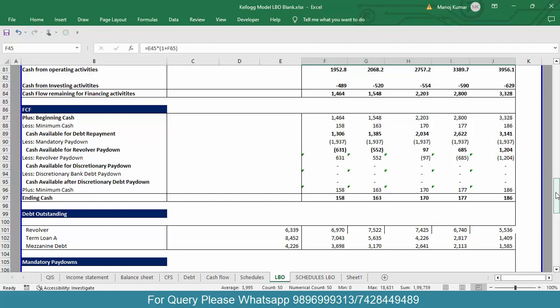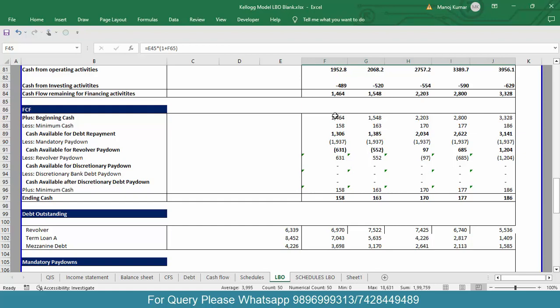Today the equity is 30%, 70% is debt. After 4-5 years, debt will become, let's say, 30%, and equity will become 70%, because whatever cash the company will generate, we will use that cash to pay our debt. That is the concept. So we are acquiring the company today after taking 70% debt.